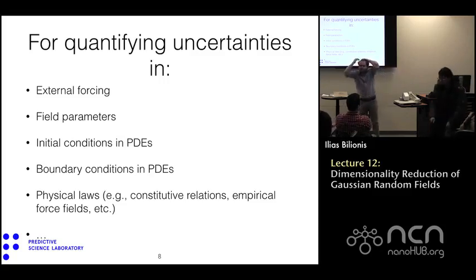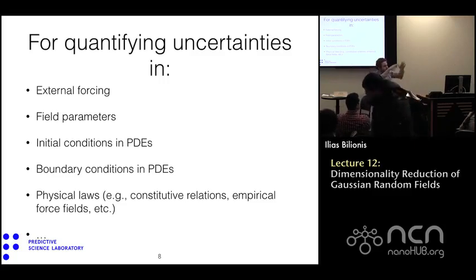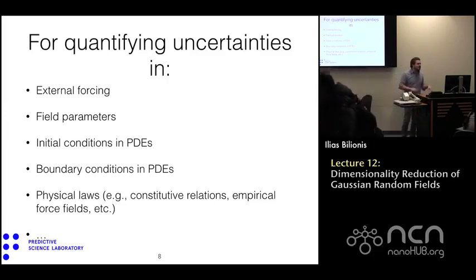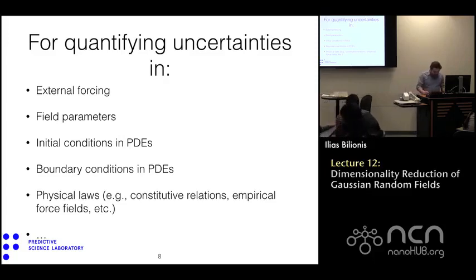Initial conditions of partial differential equations, which are functions of space, boundary conditions of partial differential equations, physical laws themselves, constitutive relations, how to connect stress to strain. Whatever your model is, there is somewhere an assumption that connects temperature gradient to flux of something. I don't know. All right? So it's very useful.